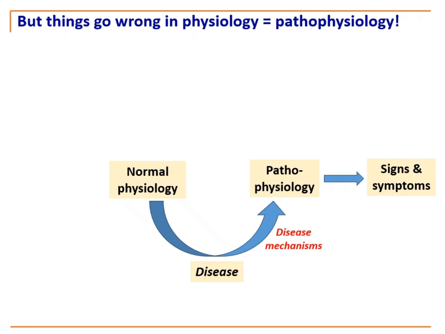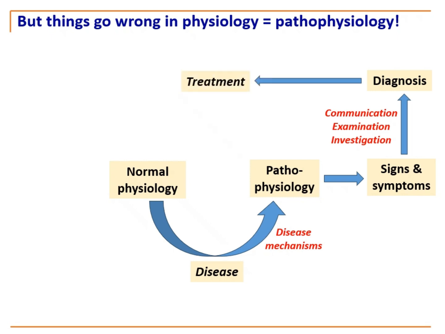So if you know how an organ works and you know what the disease is doing, you can start to predict some of the signs and symptoms. And then a clinician might come in, have a look at you, talk to you, examine you, send off some investigations, and come up with a diagnosis. And then they'll go, oh, we need to treat that, so they'll give you a treatment.